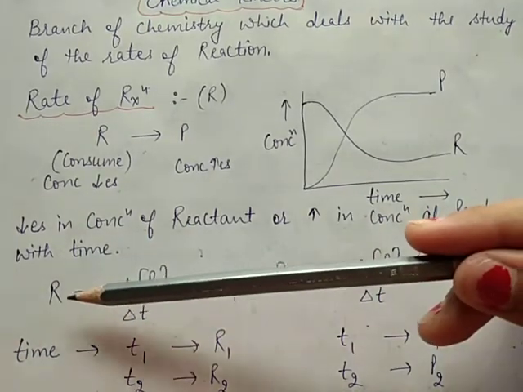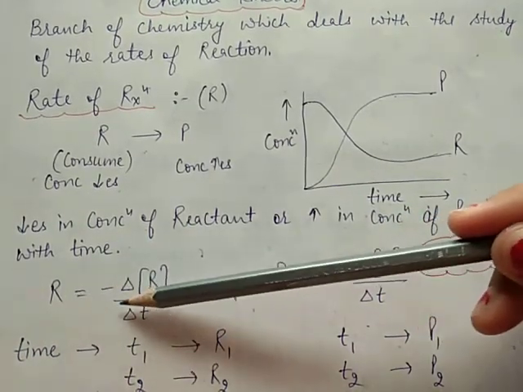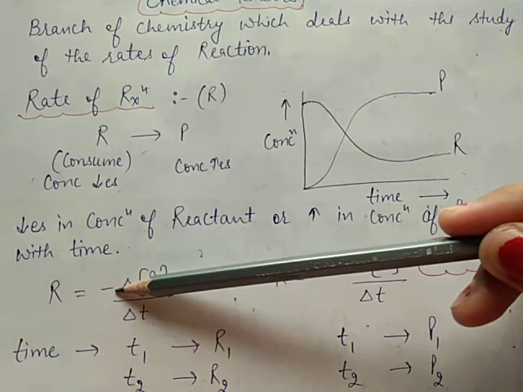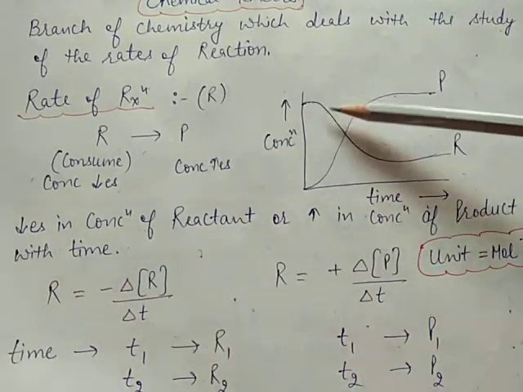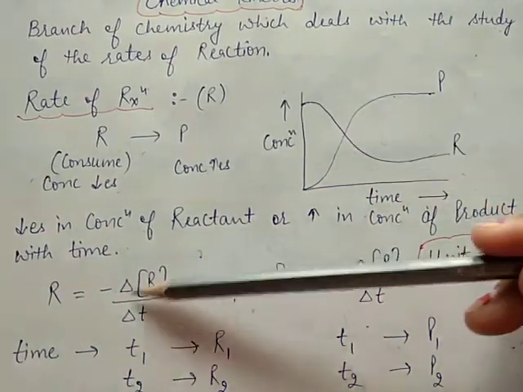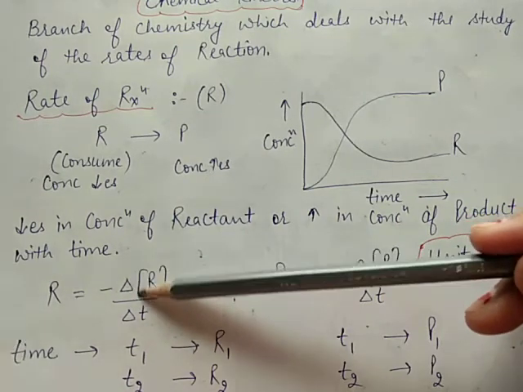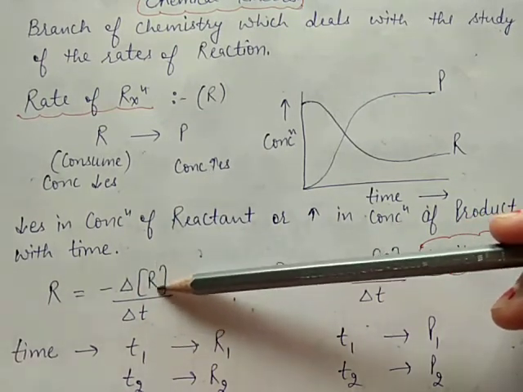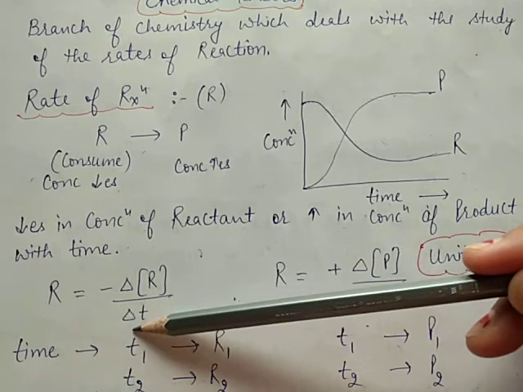R is the rate. Rate is equal to minus delta concentration of R, where R is the reactant, divided by delta t, the time. The minus sign shows the decrease in the concentration of reactant.